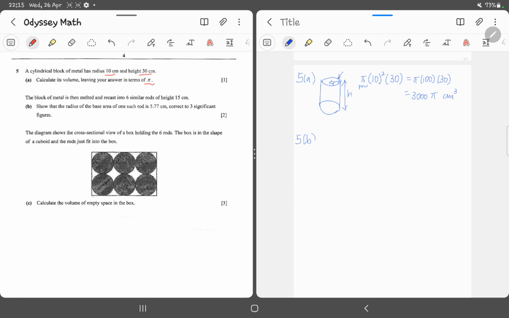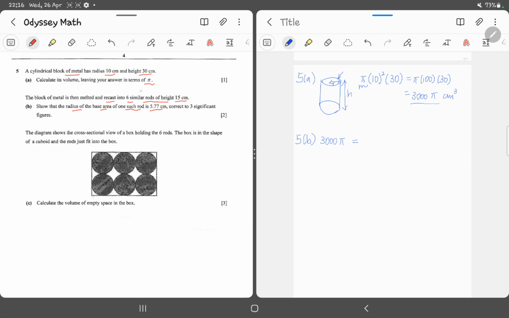Now 5b, the block of metal is then melted and recast into 6 similar rods of height 15 cm. Show that the radius of the base area of one such rod is 5.77 cm, correct to 3 significant figures. Because we are melting the block of metal earlier, we use its volume, which is 3000 pi cm cubed.